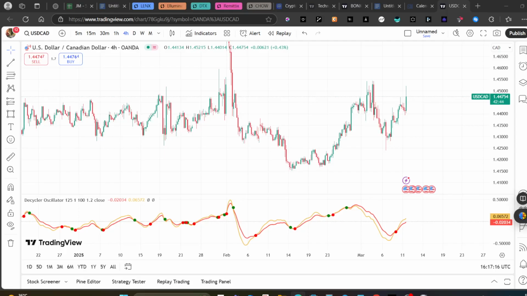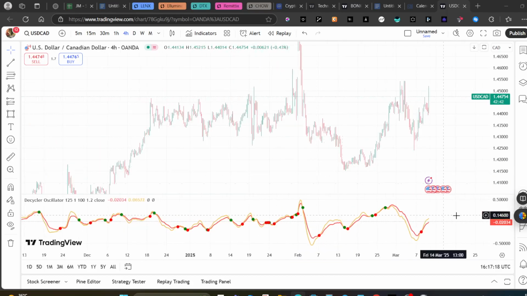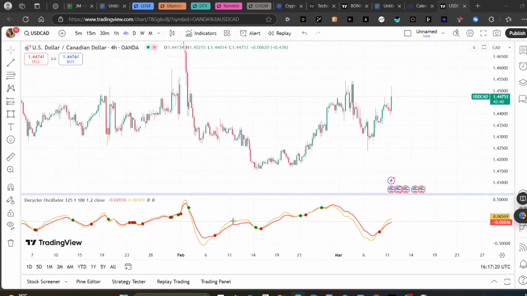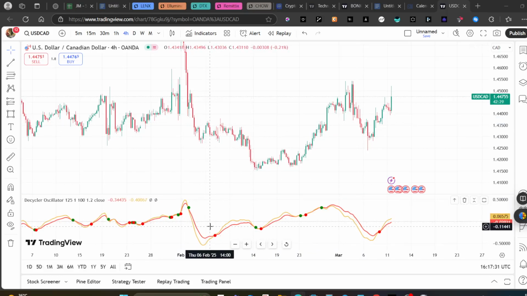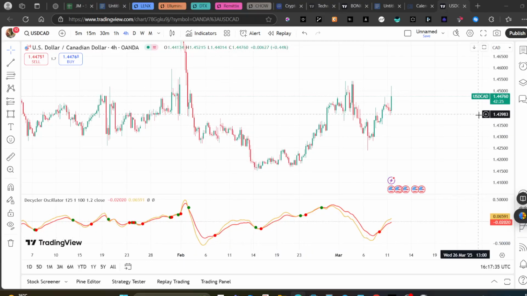Okay, now as you can see right here on the chart, the Decycler Oscillator is an oscillator, as the name implies, and you can see that it's made up of two lines, and then it also displays red dots and green dots, right?